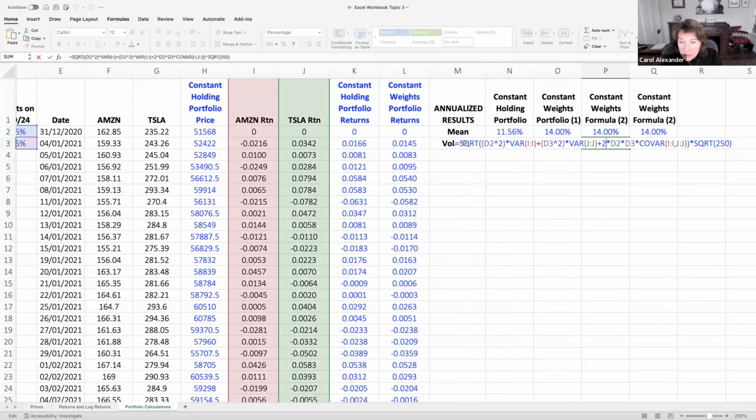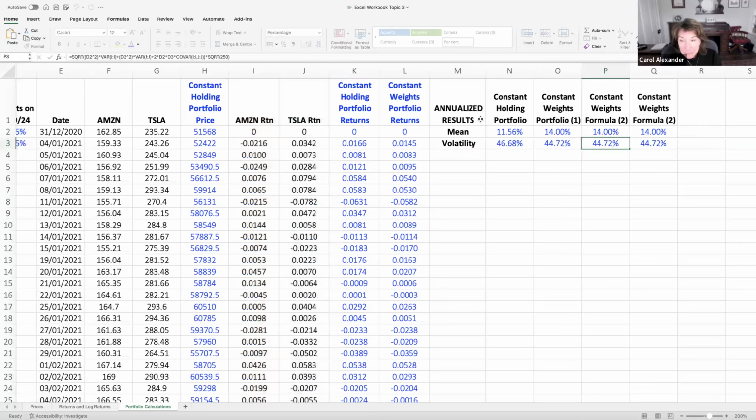Look, we've got the square root of the weighted sum of the variances and the covariances, that blue bracket there, you can see here, it's the square root of all that times now the square root of 250. And this is the same formula, exactly the same, but it's based on W prime VW rather than the summation formula.